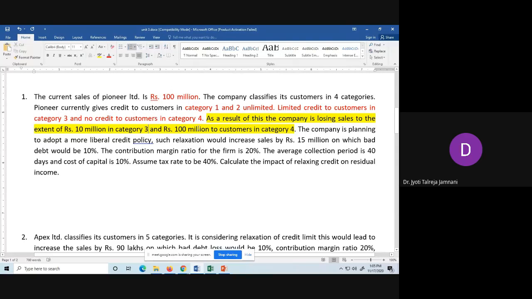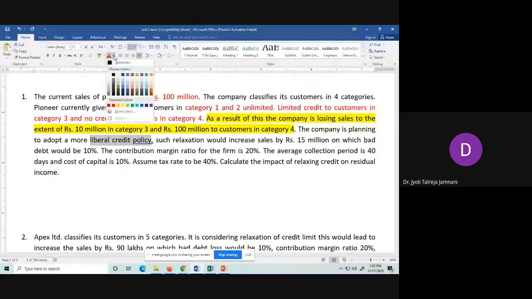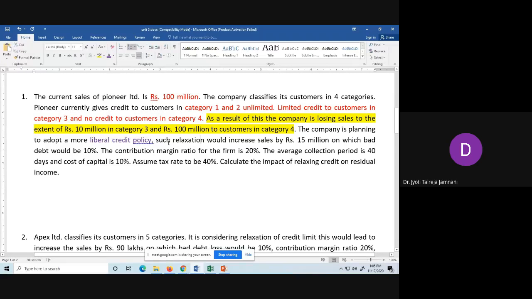So what happens? The company is planning to adopt a more liberal credit policy. What do we mean by liberal? By liberal, we mean the company is planning to relax the credit policy. So they want a more liberal or a more relaxed version of the credit policy. Such relaxation would increase sales by rupees 15 million.